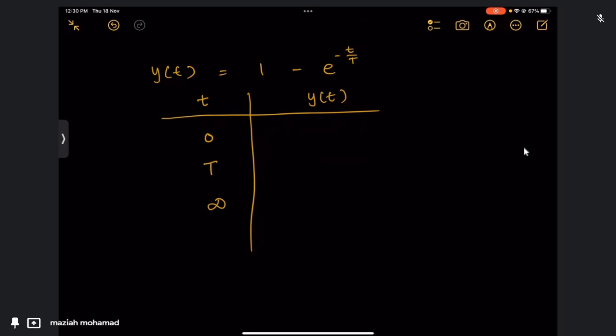Is it t per T? Just calculate. Exponent negative t per T where we consider t equal to 0, of course you will get 0 here.